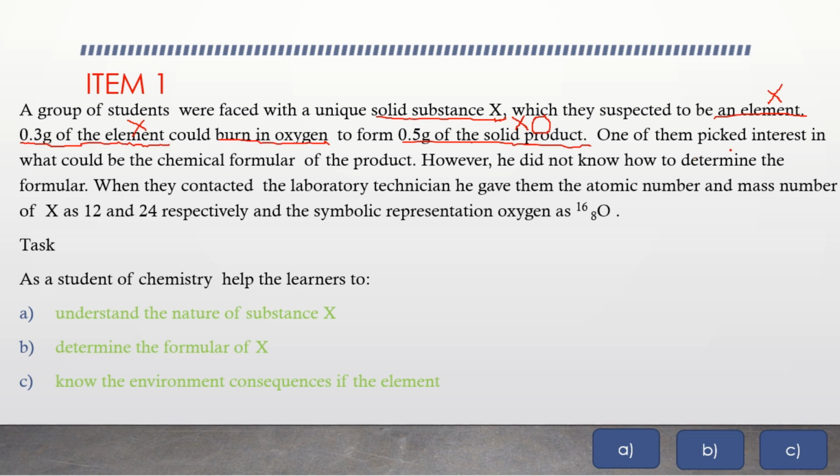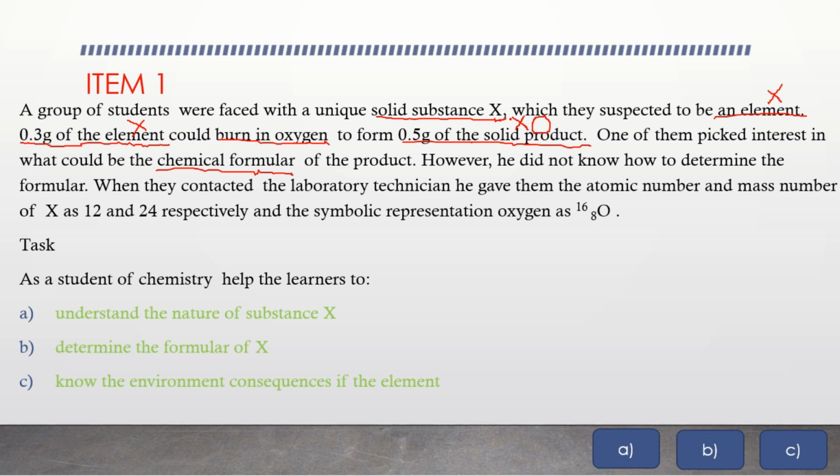So one of them picked interest in what could be the chemical formula. So they want to know the chemical formula. The chemical formula is not this, even though we don't know what X is. It was kept as an unknown, and by the way, before we continue, if they have not specified the element, unless they tell you to specify or identify, you should never talk about its name.